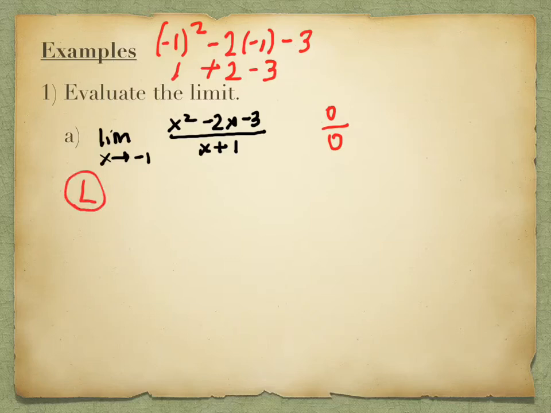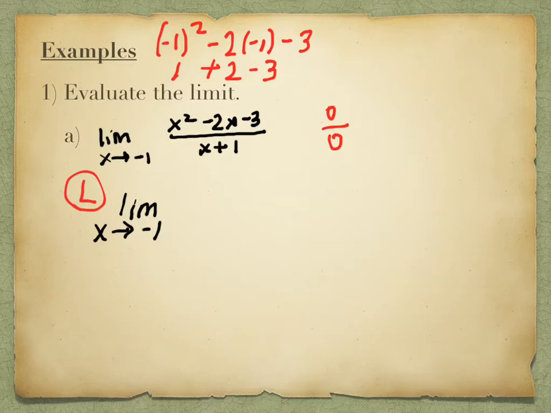So I write 0 over 0 somewhere, and then I write an L with a circle around it so that I know what I'm doing next. Okay, I checked that it had the indeterminate form. It did. Because it had the indeterminate form, I'm now able to use this theorem. So the theorem says that I should be able to take the derivative of the top and the derivative of the bottom separately. So this is not the quotient rule, right? I'm not actually taking the derivative of all of this thing.